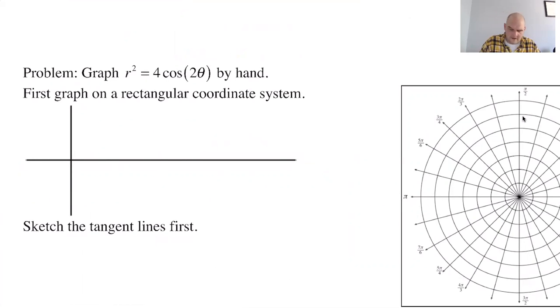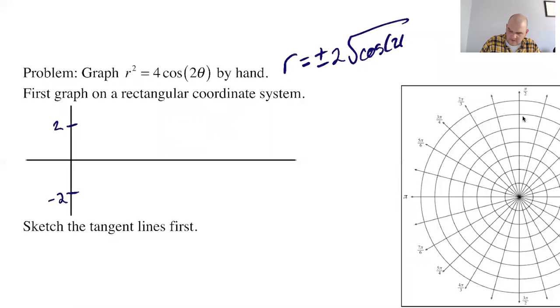Because I'm doing the square root of 2 and negative 2, r is plus or minus 2 square root cosine of 2 theta. So I know that I'm going to go to pi, and then let me just go to 2 pi in case.